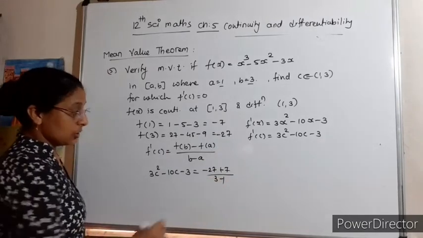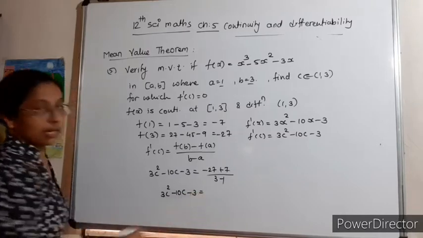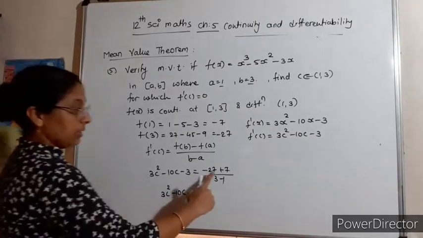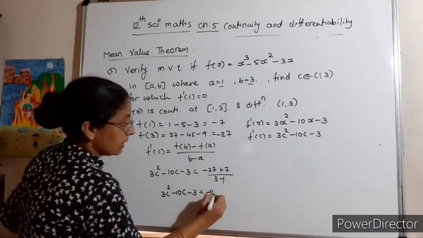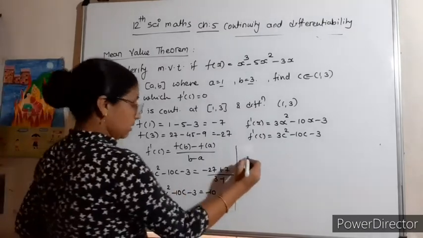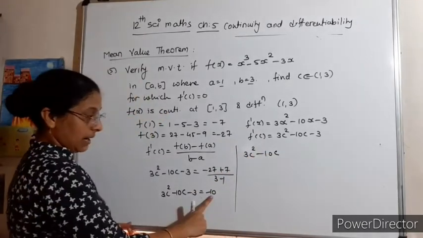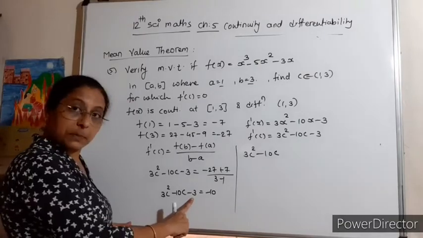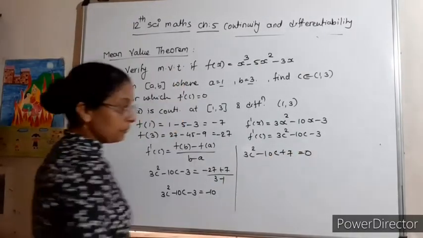So 3c square minus 10c minus 3 is equal to minus 20 upon 2, so we can say minus 10. If minus 10 comes this side, it becomes 3c square minus 10c plus 10 minus 3, so it is 7 equal to 0.